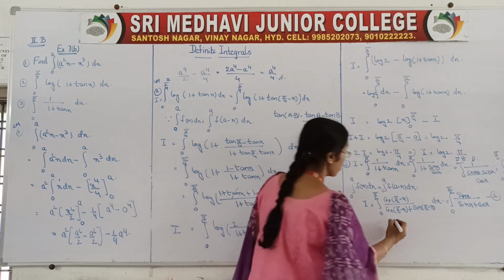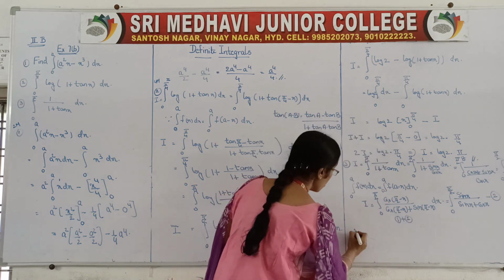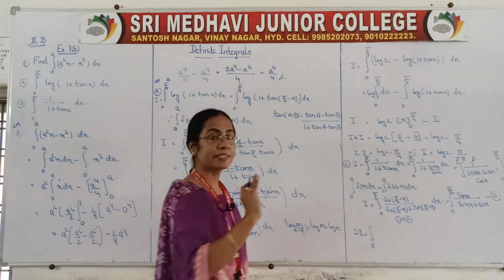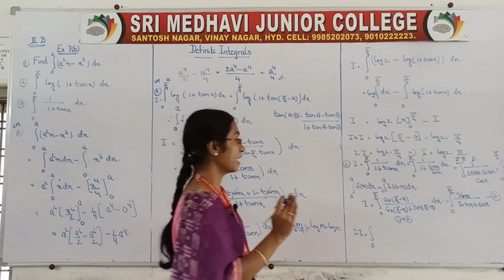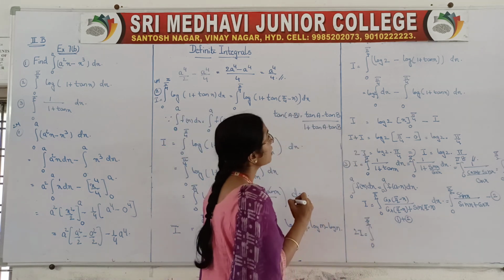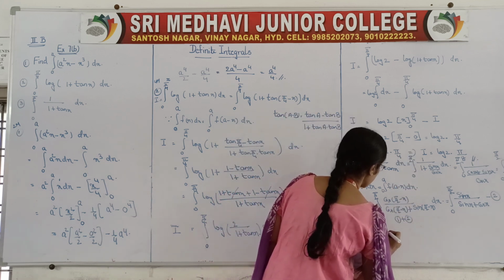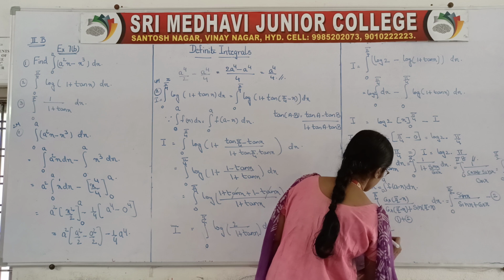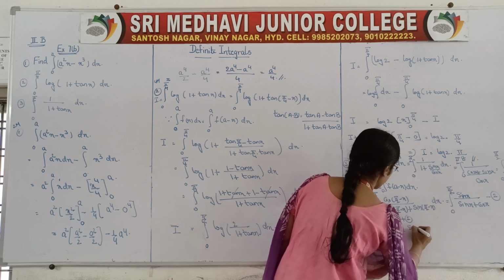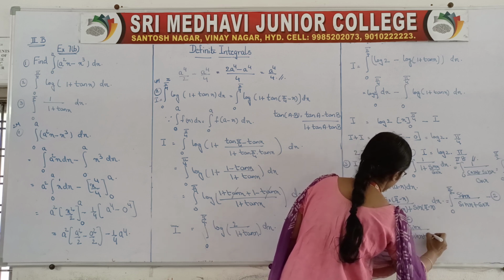Okay, so now you take 1 plus 2. What happens? 2I, and I said whenever the limits are same for two integrals, we will write the two integrals combined. So integral 0 to pi by 2, first one is cos x by cos x plus sin x, and the second one is sin x by sin x plus cos x.